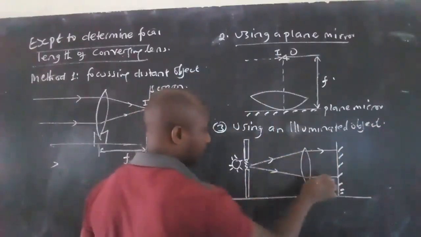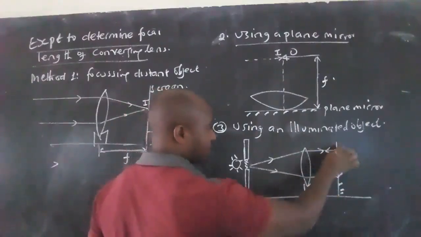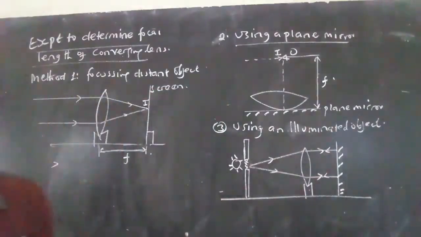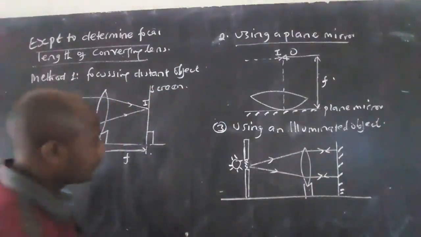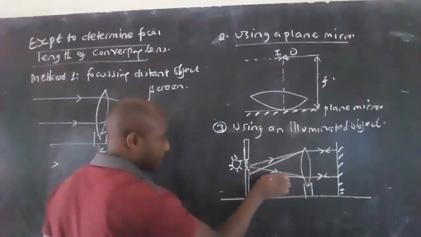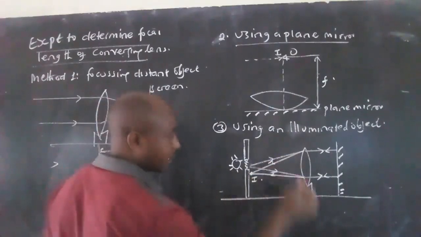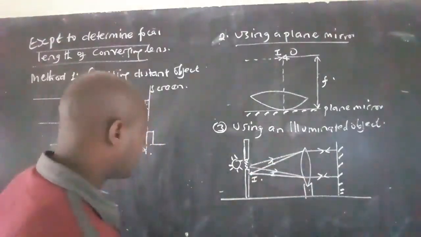So this is parallel and it will be reflected back because this is a plane mirror. What is reflected back, we can bring here to form the final image.